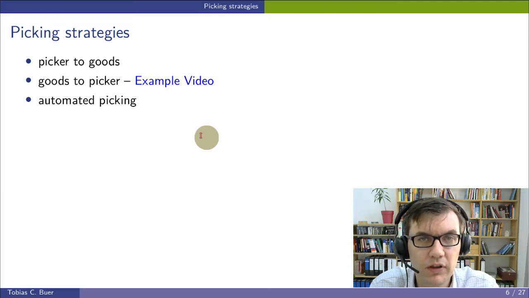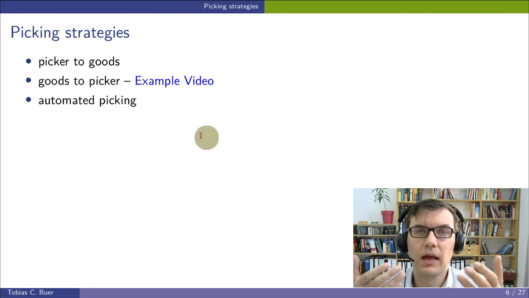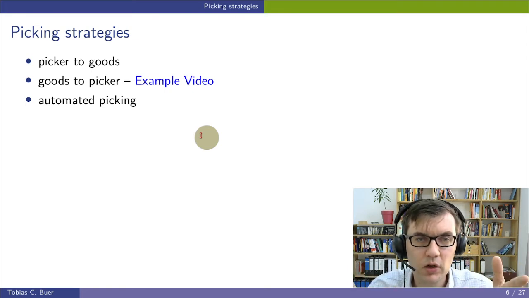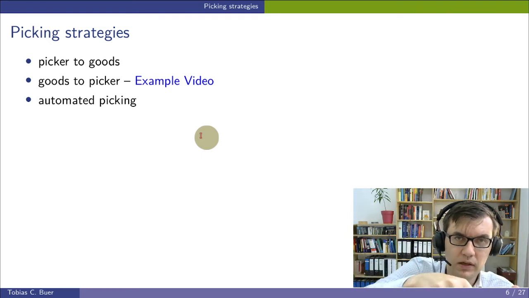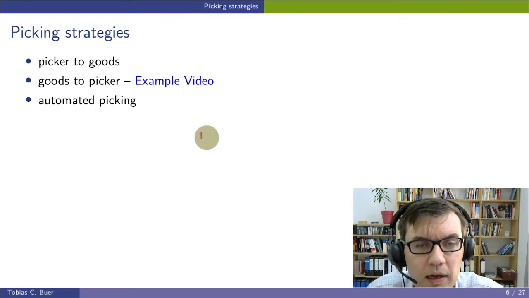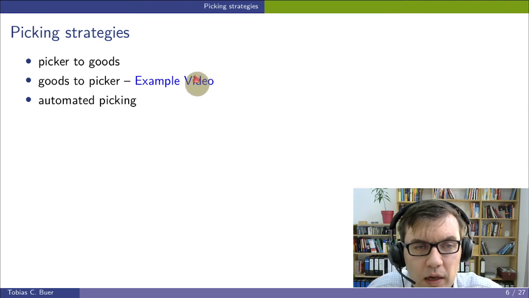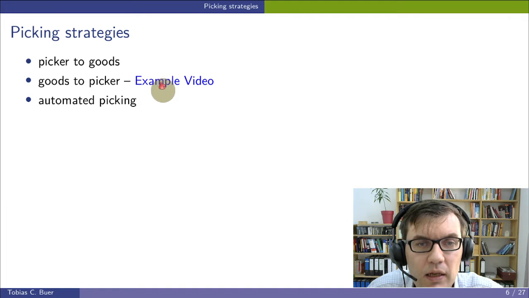For example, we have some conveyor belts, and the conveyor belt delivers a package, a box, to the picker, and inside this box there are different items, and the human picker gets the correct item. One example for this approach is in this YouTube video, which you can click on in the download of these slides.